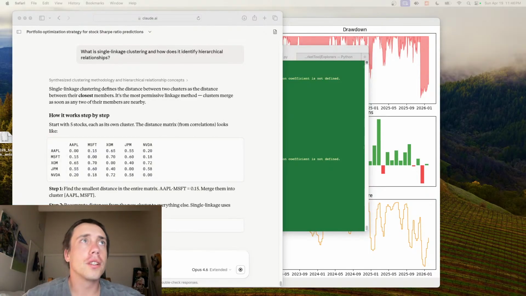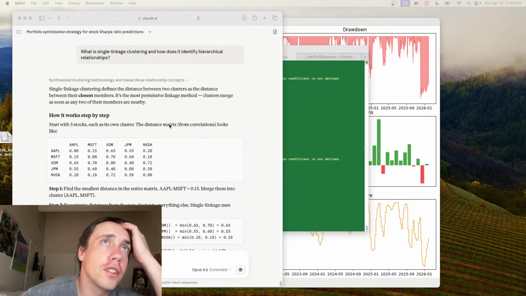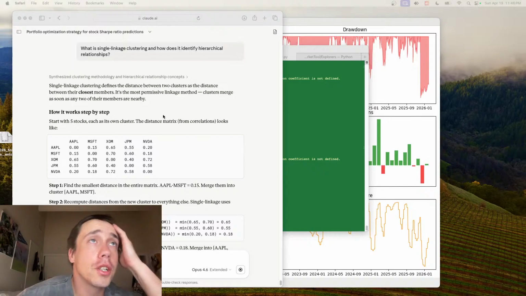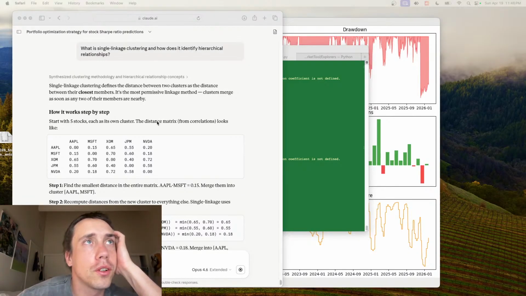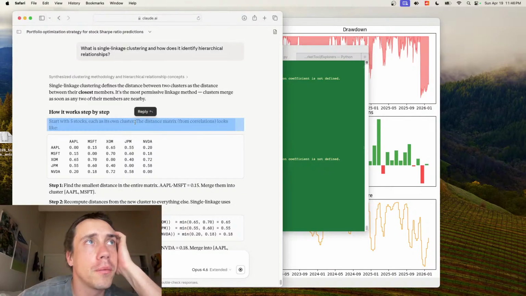Single linkage clustering defines the distance. It's the most permissive linkage method. Clusters merge as soon as any two of their members are nearby.